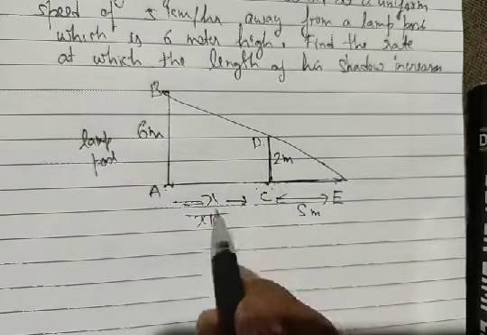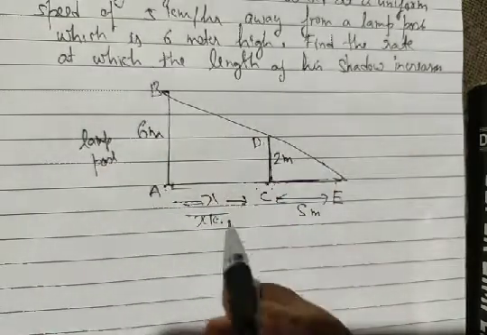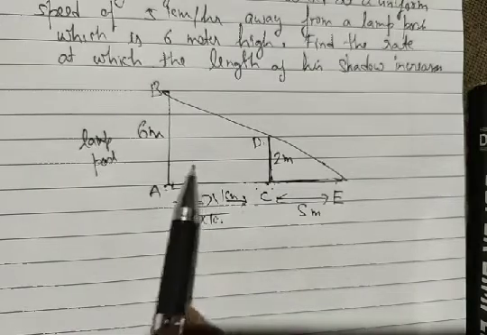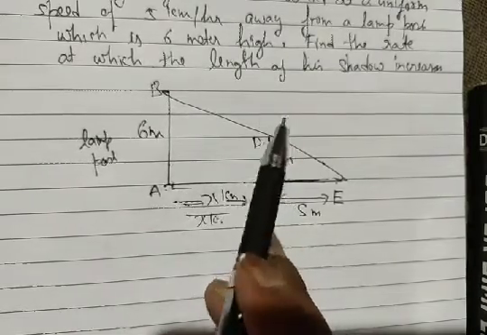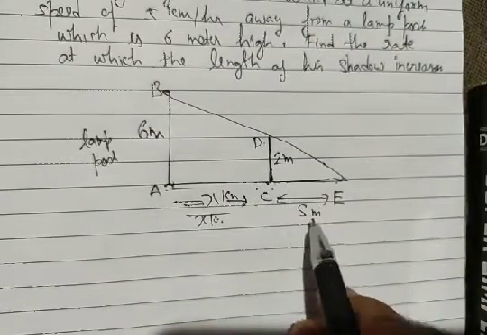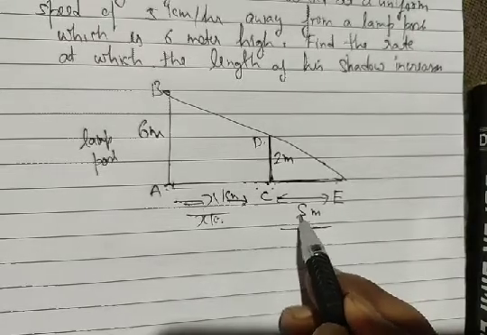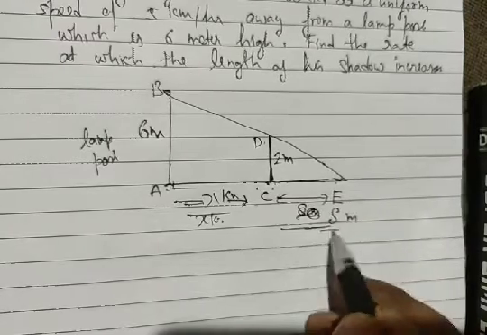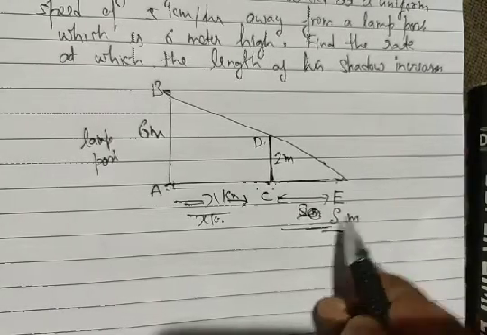Let X be the distance of the man from the pole at any time, and S the length of the shadow of the man at that time.